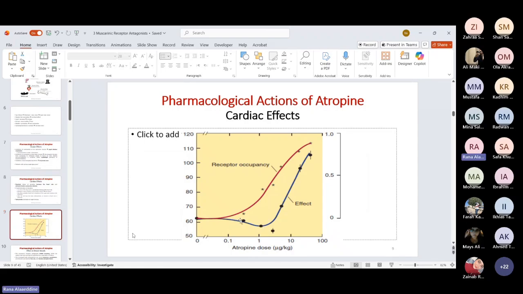Yes. At low doses, there's a slight decrease, and then the effect is going to be higher at the end. So decrease at the beginning and then increase. But the global effect is tachycardia. It's a slight bradycardia followed by a very strong increase in the heart rate.